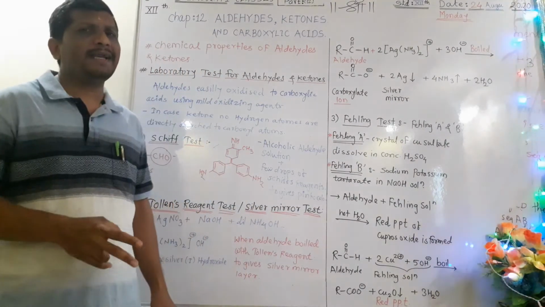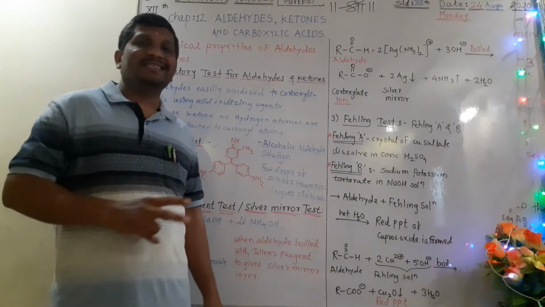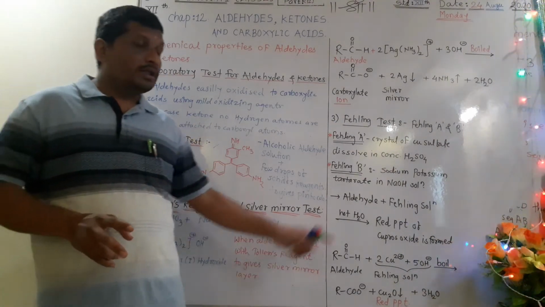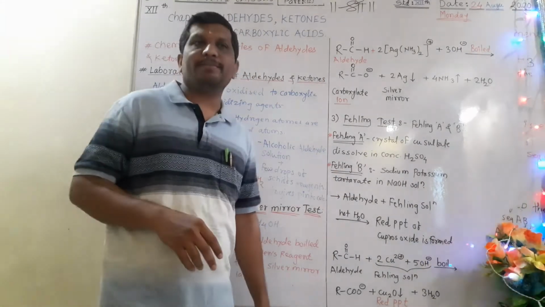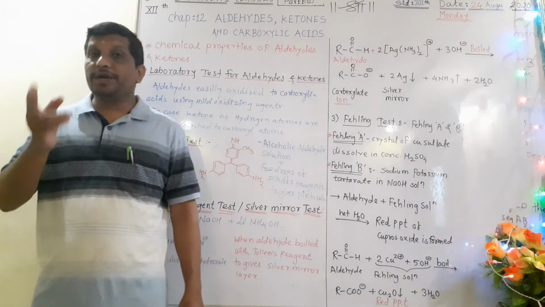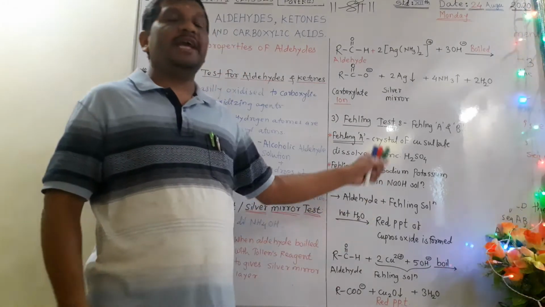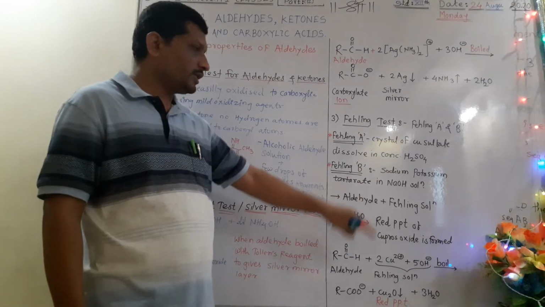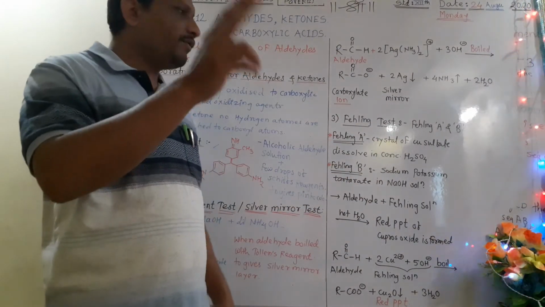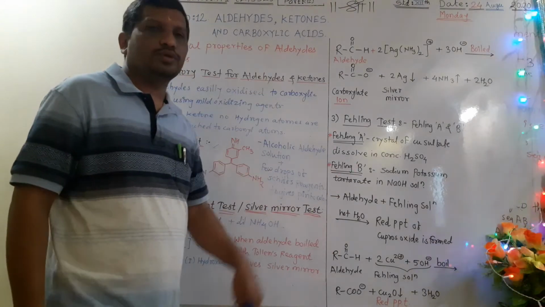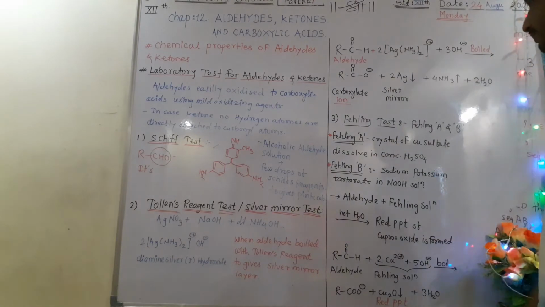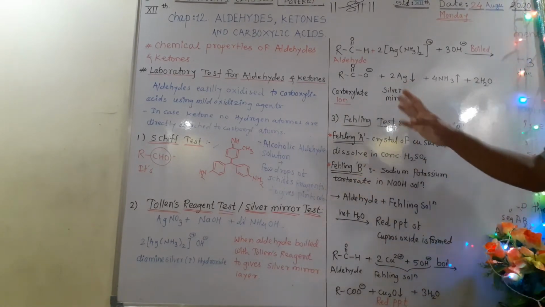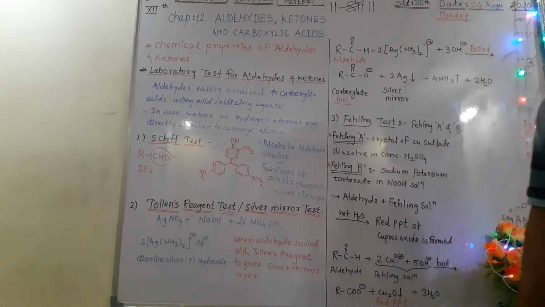Second, Fehling's solution B is formed from sodium potassium tartarate, K+ Na+, in NaOH, sodium hydroxide solution. And these two solutions can be useful to identify the aldehydic functional groups.